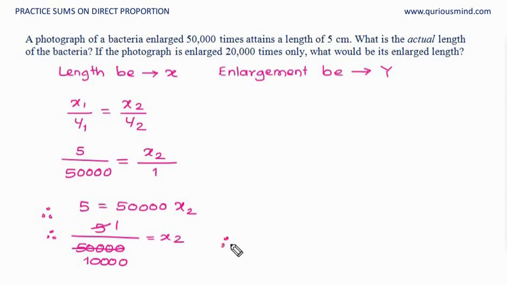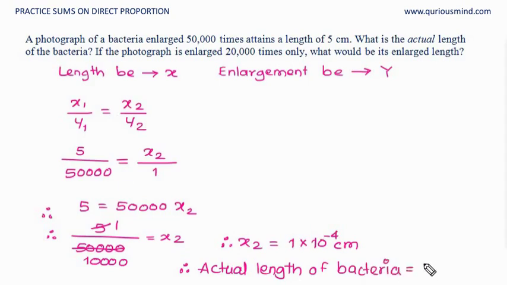And therefore, X2 is equal to 1 into 10 raised to minus 4 centimeter. We are using our exponents knowledge. 1 upon 10 raised to 4 is 10 raised to minus 4 centimeter. So that is the actual length. Hence, the actual length of the bacteria is 1 into 10 raised to minus 4 centimeters.